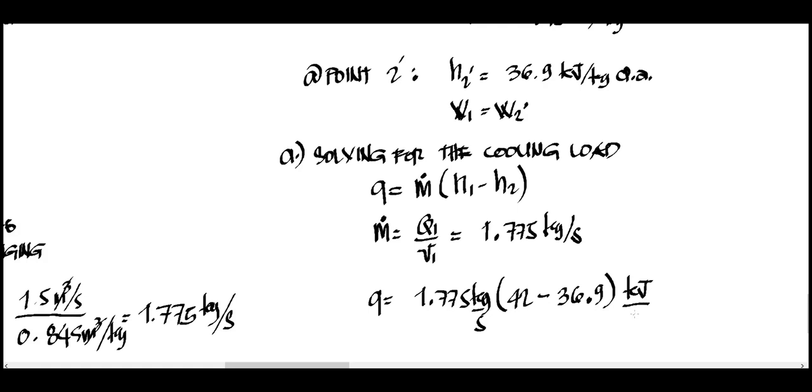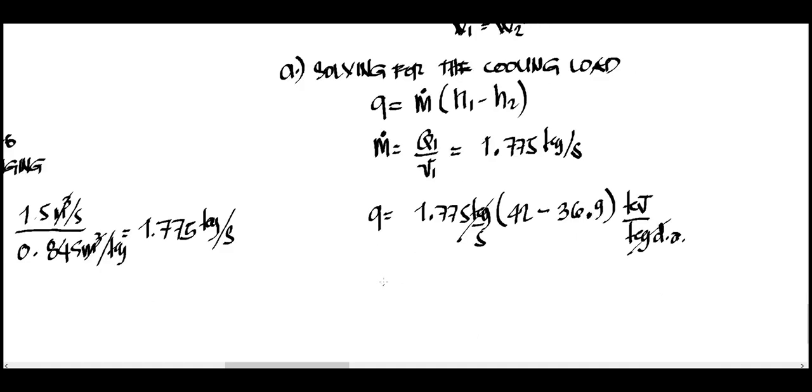This is kilojoule per kilogram of dry air. Cancelling what is common, we have the value of 9.05 kilowatts.